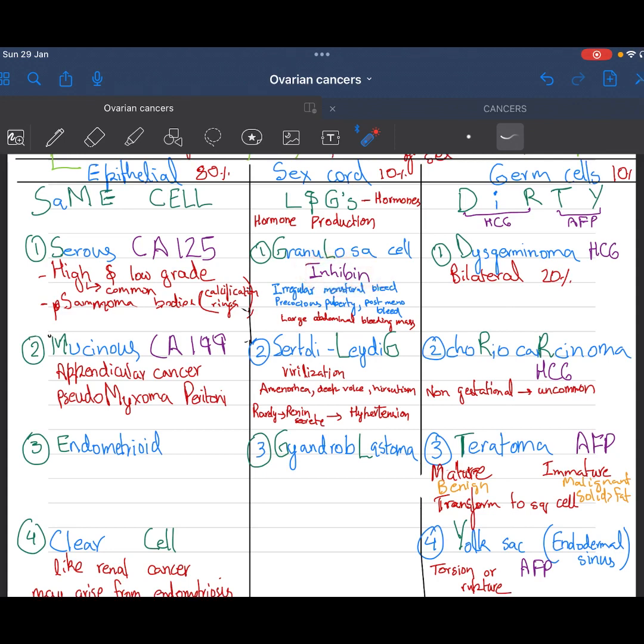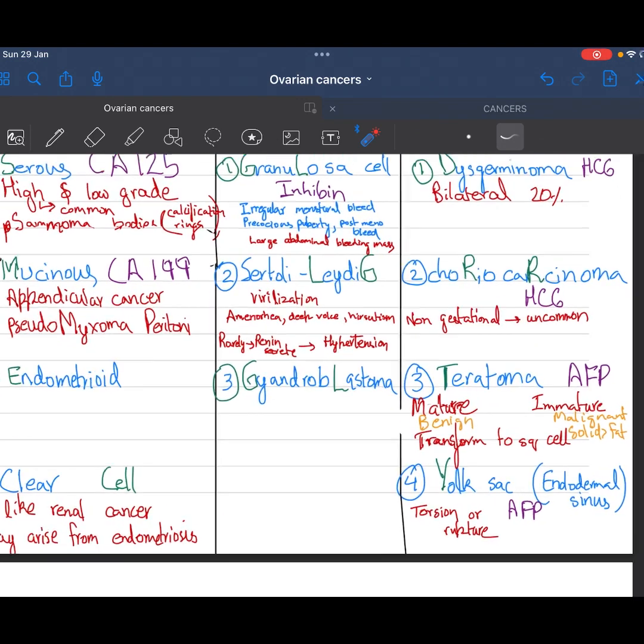Next are the germ cell tumors, and for that we have the mnemonic DIRTY. For D, we have dysgerminoma, which is 20% bilateral and secretes HCG. Next is choriocarcinoma, the R, which also secretes HCG. Non-gestational is an uncommon type of choriocarcinoma; it is mainly associated with molar pregnancy.